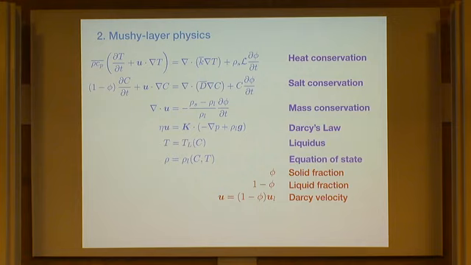So the third equation of mass conservation is usually taken as that the fluid is incompressible. And this liquidus condition: the temperature and the interstitial salinity are linked through some liquidus relationship, which for most of the talk we're going to take as being linear.